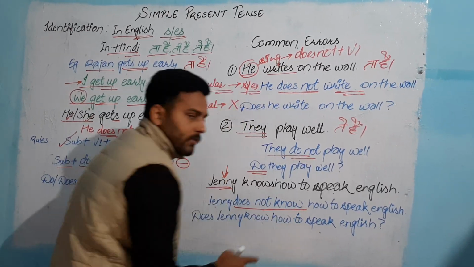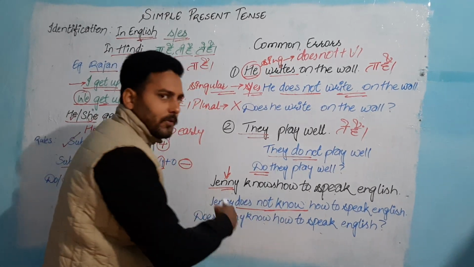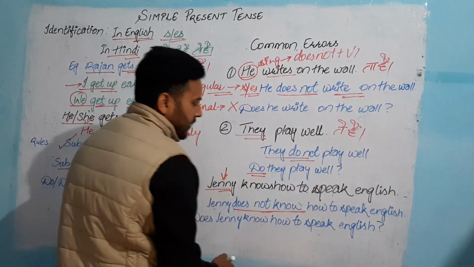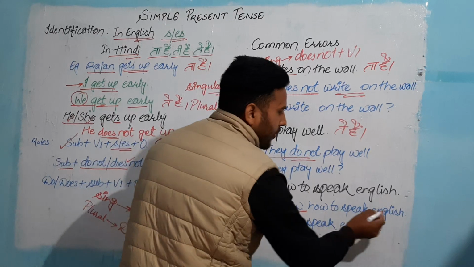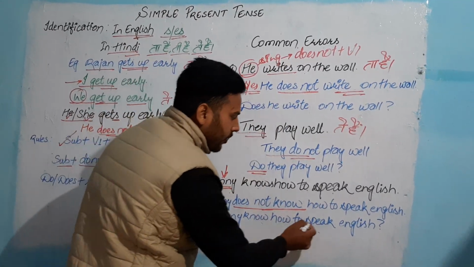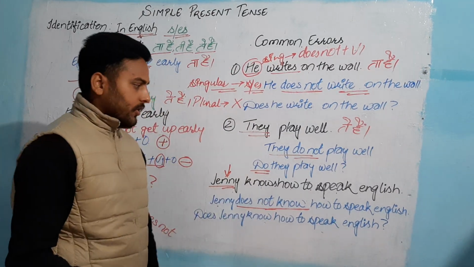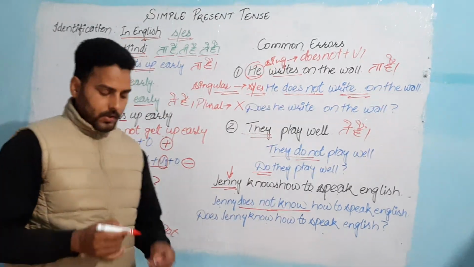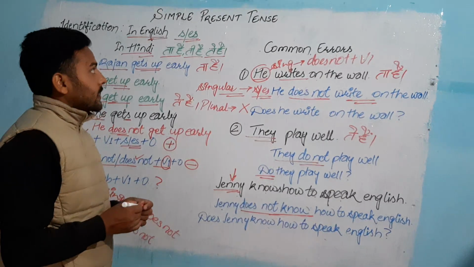So in order to rectify this, you have to erase this s. Jenny does not know how to speak English. Similarly, for the interrogative sentence, does Jenny know how to speak English? So I hope you understood the simple present tense.